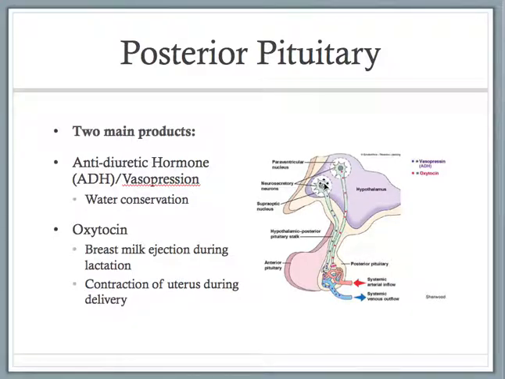Those products are trafficked down the length of the axon, stored at the end of the axon, and then released into the bloodstream when it's necessary. And as I mentioned, ADH, antidiuretic hormone, is for water conservation during dehydrated states. Oxytocin is important for milk ejection and then delivery and contraction.